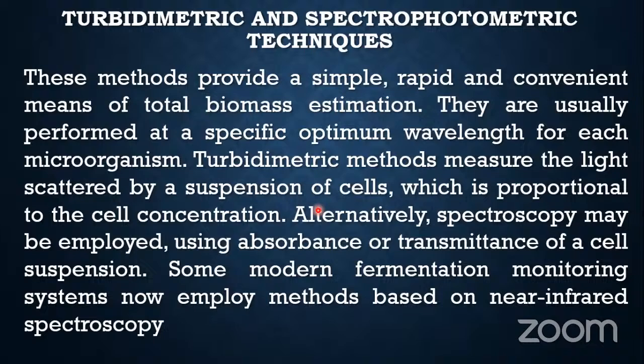The turbidimetry method and spectrophotometry method are a bit similar. They both use the estimation of biomass of microorganisms, whereby it allows us to measure the rate of light that passes through the cell.